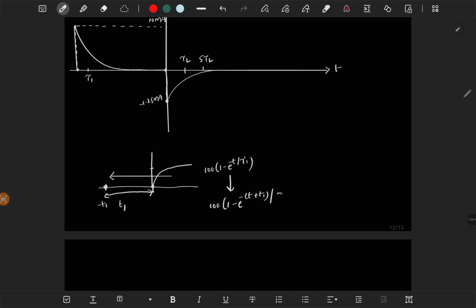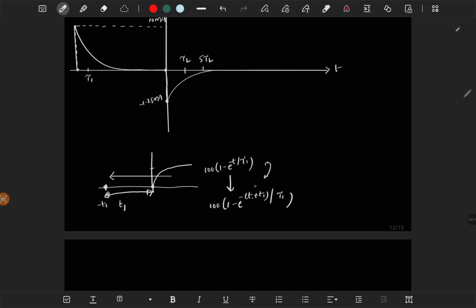You will get that when there is plus t1 by tau 1. This is left shift. It means you have to replace the time t with t plus this shifted value. So here we are shifting by t1, right? If you replace t with minus t1, then you will get 0 here, which is the same as when t is equal to 0.